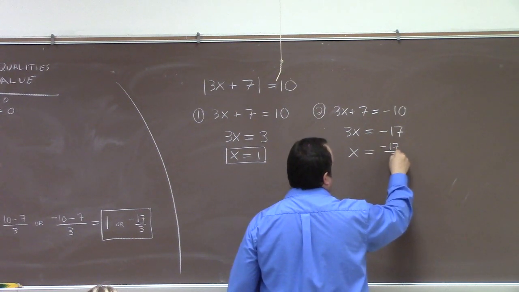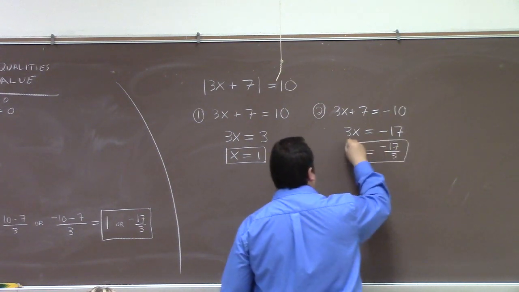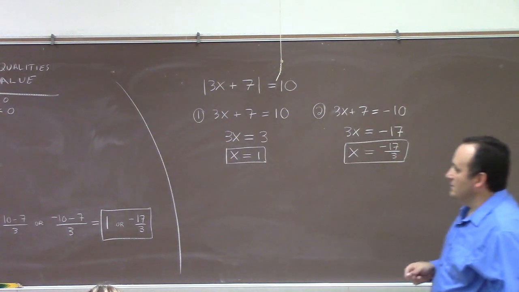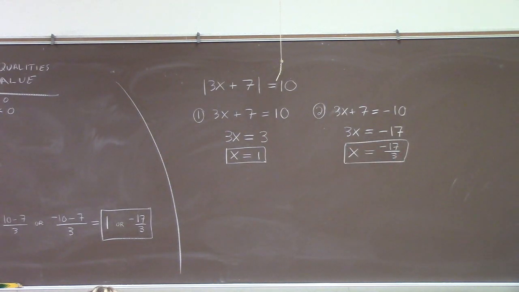You can go either way, as far as I'm concerned, as long as you show work and find two answers to this problem. Does that make sense? You don't have to find a positive answer and a negative answer. There doesn't always have to be a positive and a negative answer. It could be that they're both positive.